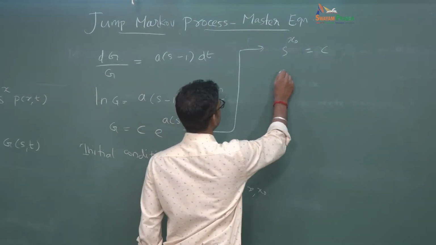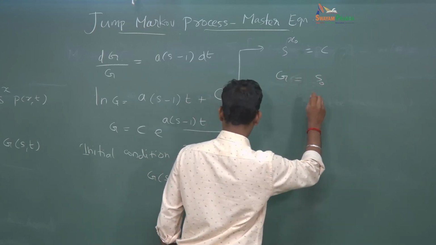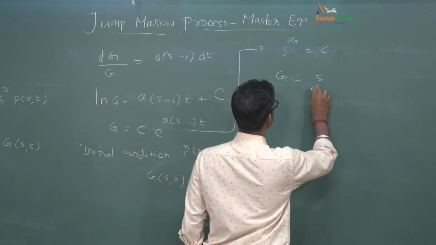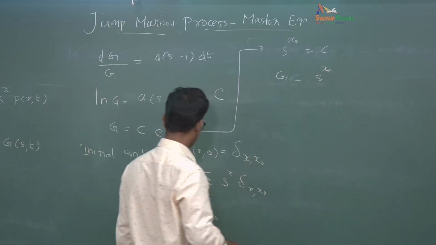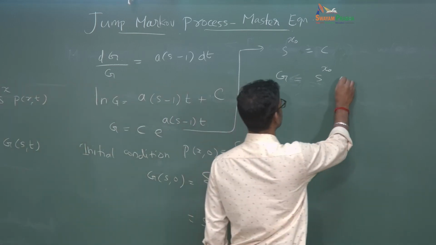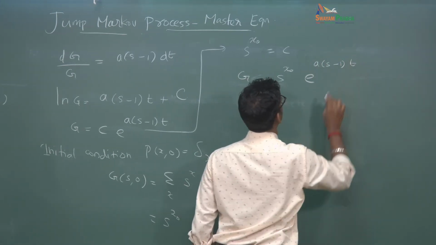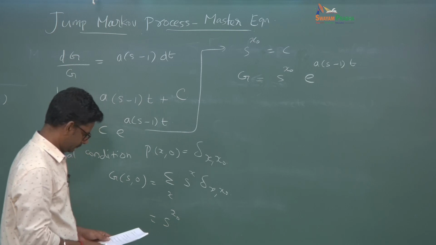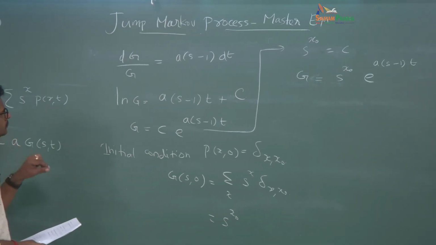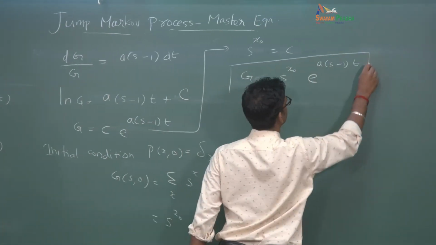So therefore g is s power x naught times e power a(s minus 1)t. So this is what you should get as a final solution.